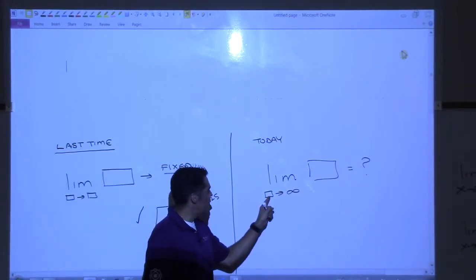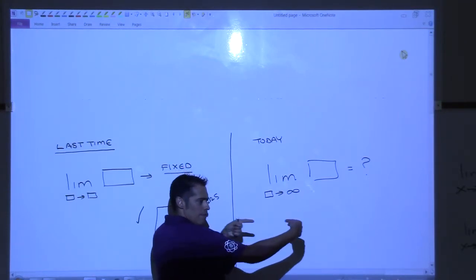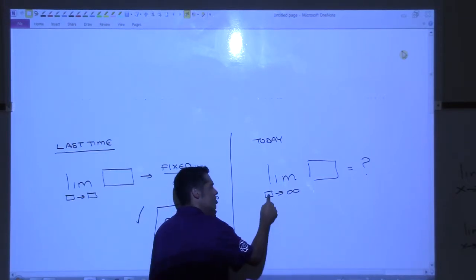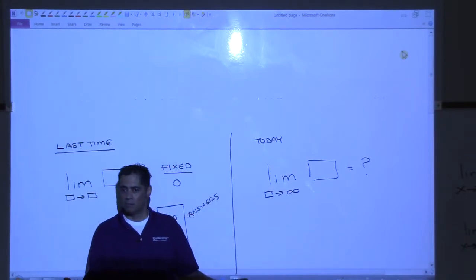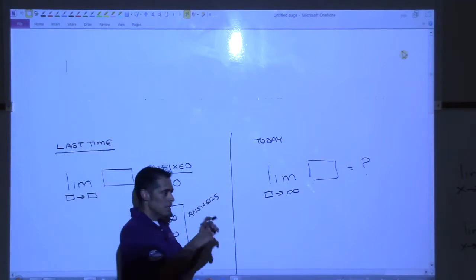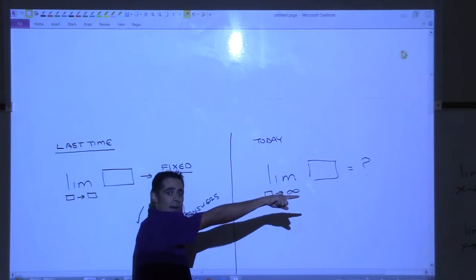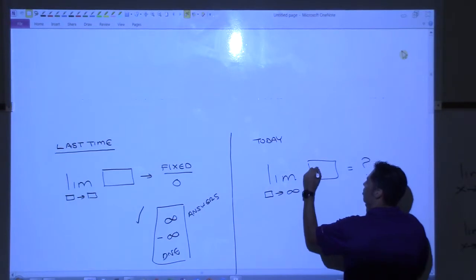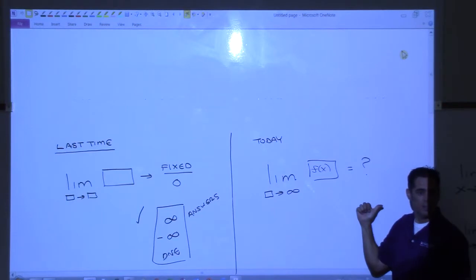Whenever we've done this limit before and we've said x goes to 2, you'd have to imagine coming into 2 on the function from both sides. But now we're not going to let x go to 2, we're going to let x go to infinity. Where is that? You have your y-axis, your x-axis. Infinity is way out that way. So what we're really asking ourselves is, what is this function doing way out to the right? Does that make sense?